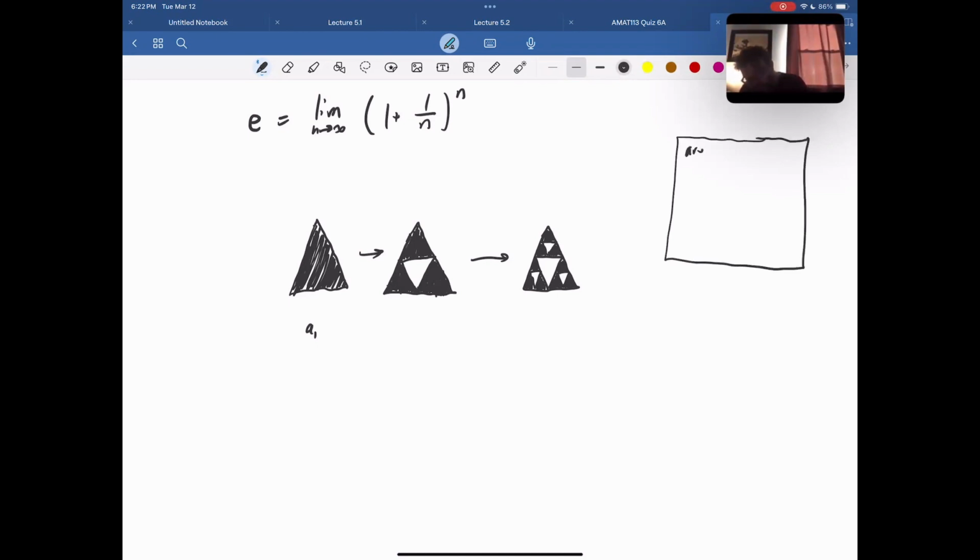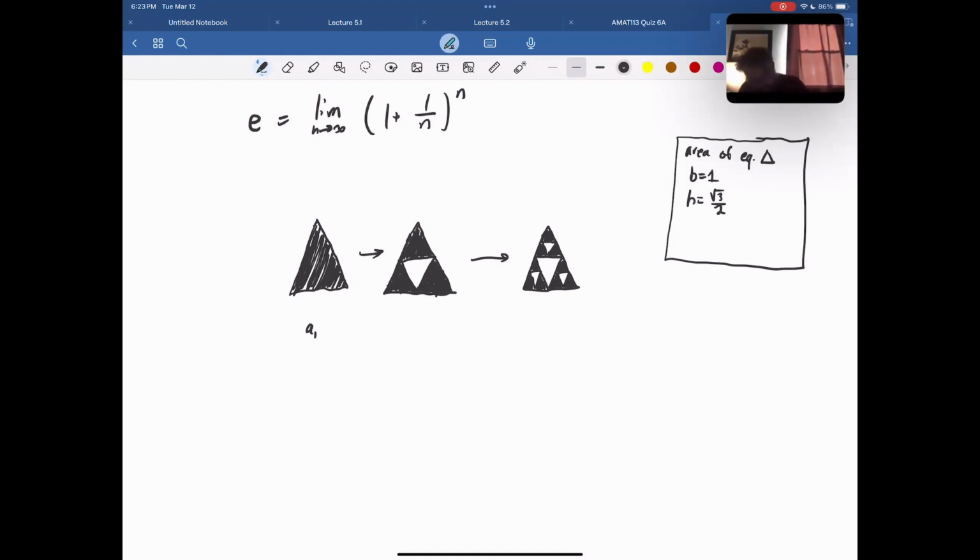So the area of an equilateral triangle is, well, assuming the base has length 1, the height of an equilateral triangle will be, I believe, root 3 over 2, right?